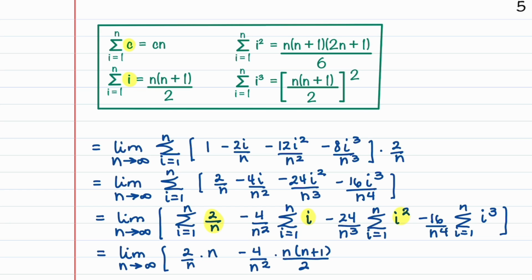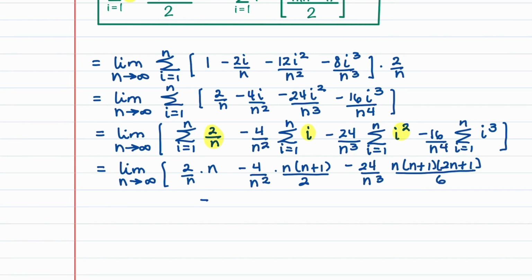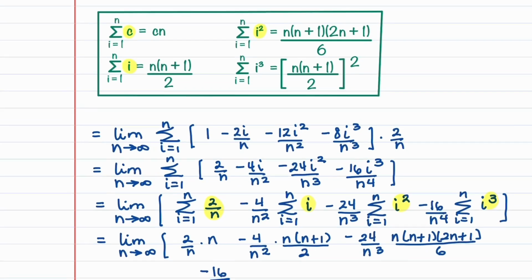Then we have the sum of i squared. This gives us minus 24 over n cubed, n times n plus 1 times 2n plus 1, all divided by 6. And then our last one is minus 16 over n to the fourth. We have i cubed.